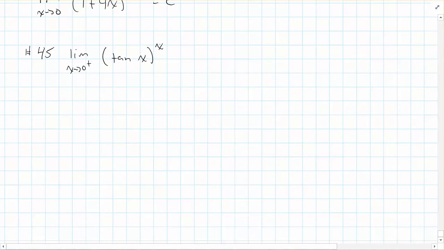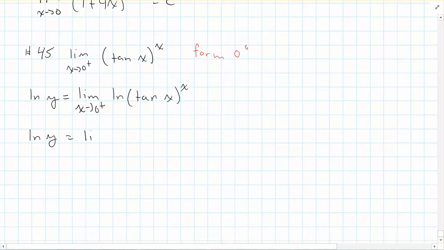This is actually, if we think about this for a second, this is in the form 0 to the 0. So again, we'd have that natural log of y is equal to the limit as x approaches 0 from the right of the natural log of the tangent function to the x power.